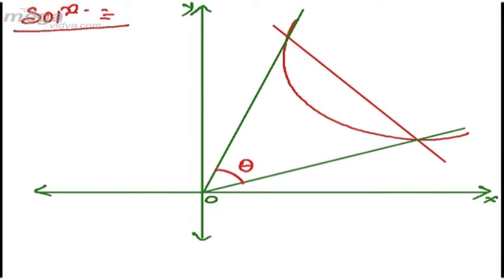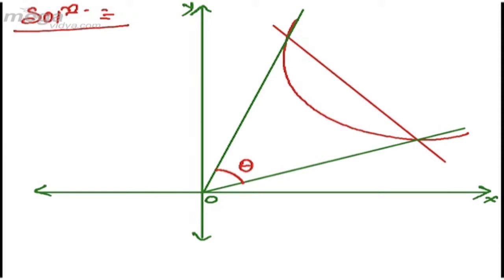Because you have to find out the angle between the pair of straight lines passing through the origin and the points of intersection of the curve and the given straight line.